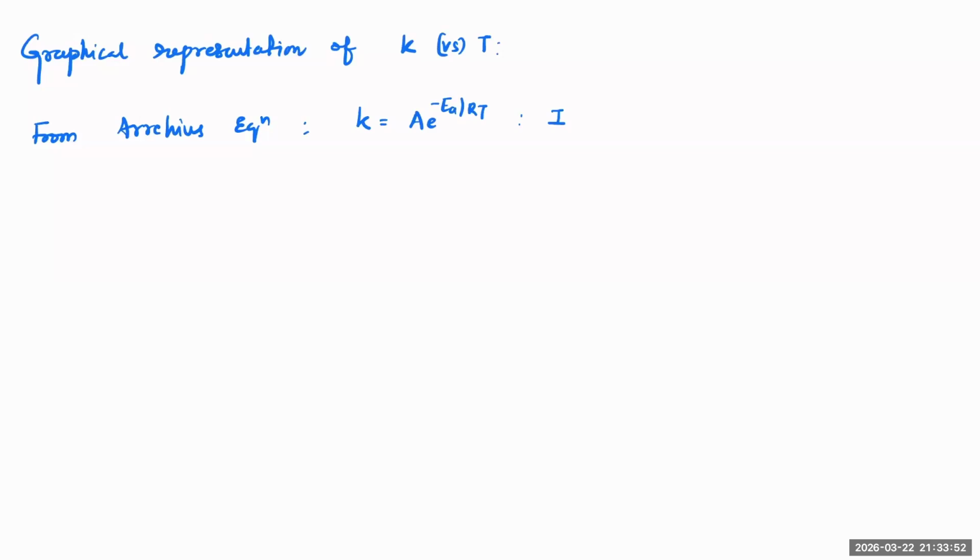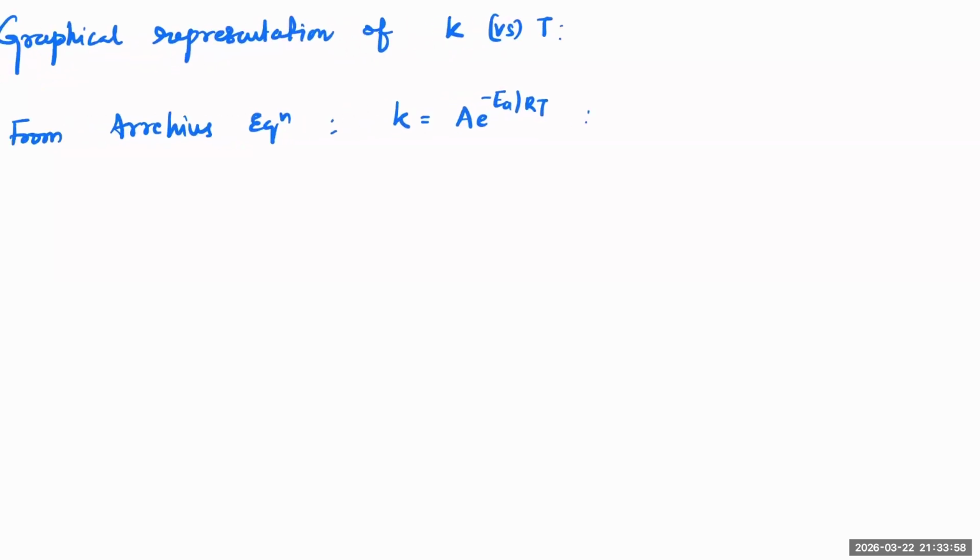Let me call this the integrable form. This is the formula which we know. Let me write it in terms of log. So ln K is equal to ln A minus EA by RT.